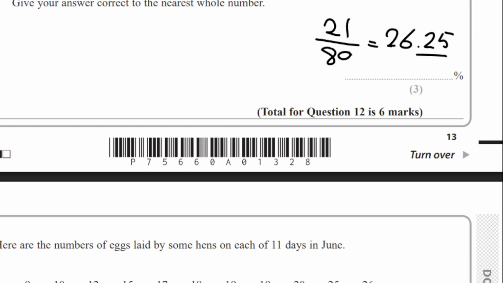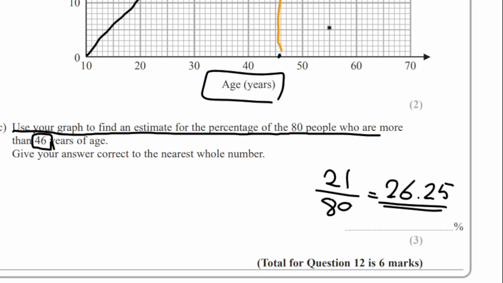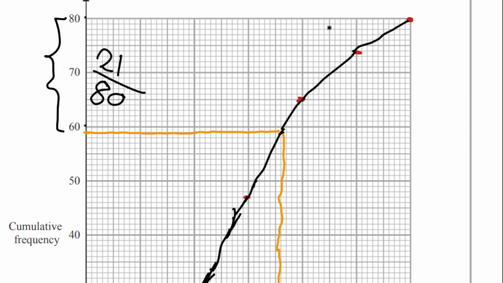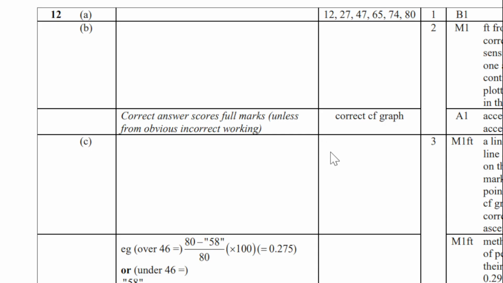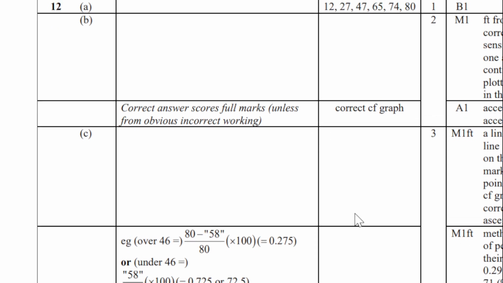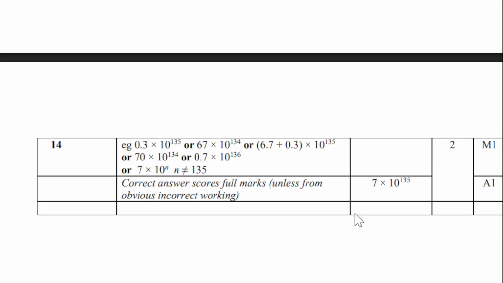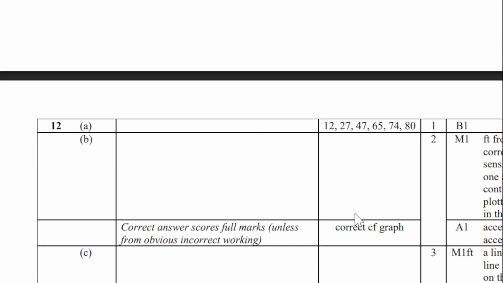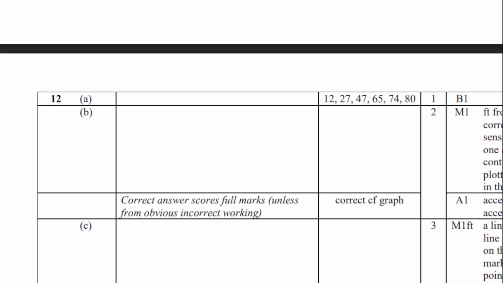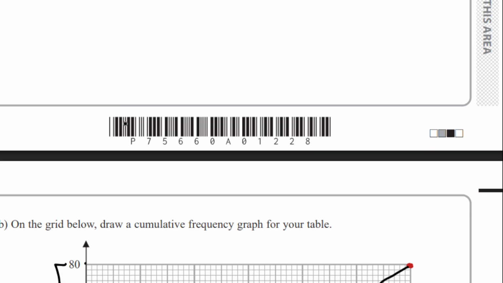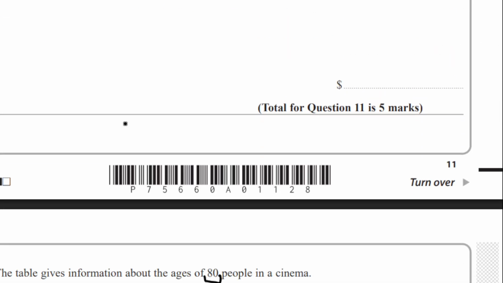26.25%, and that's correct. Now, one important thing here is try to make a nice line and try to do it as accurately as you can, because they give ranges. For example, here they tell you, this is question 12, right?